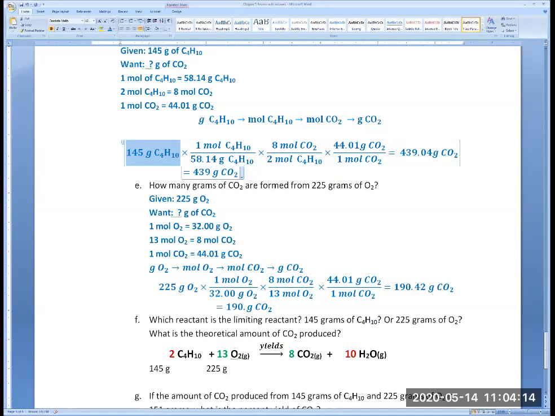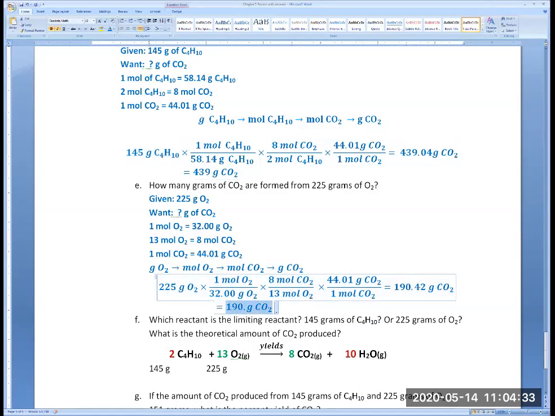So that tells you that the amount of oxygen available here, 225 grams, will limit the amount of CO2 produced to 190 grams of CO2, because out of these grams of oxygen, you cannot make more. That's what the calculation shows. You can only produce that.